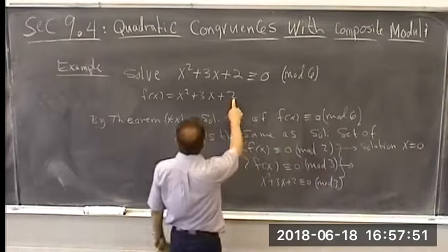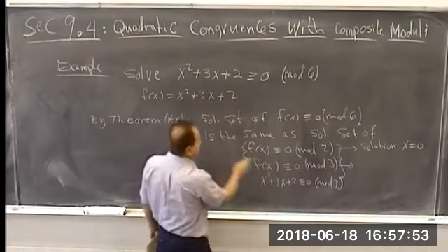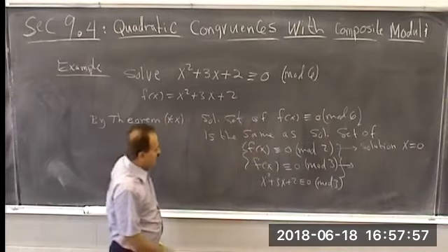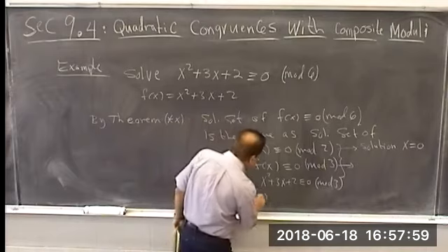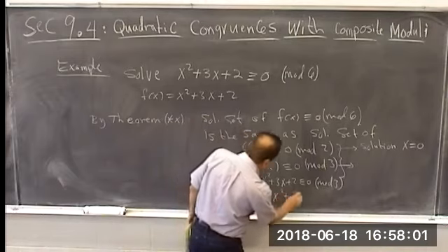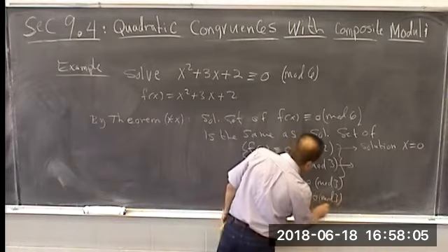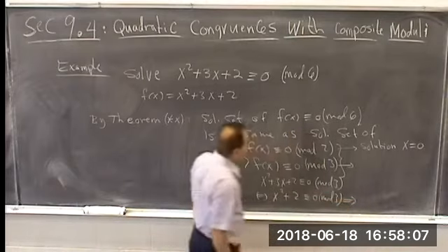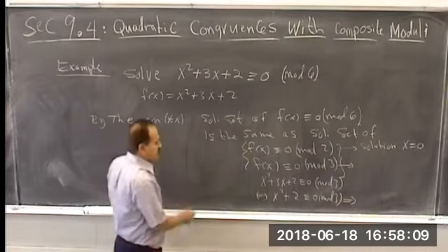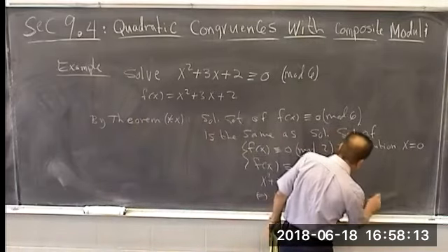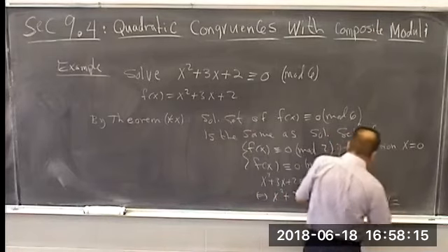You can take the 2 out and it becomes x squared plus x, or you just try 0 and 1. And this is equivalent to x squared plus 2 congruent to 0 mod 3. And the number that satisfies this is x equal to 1, since 1 plus 2 is 3, and x equal to 2.